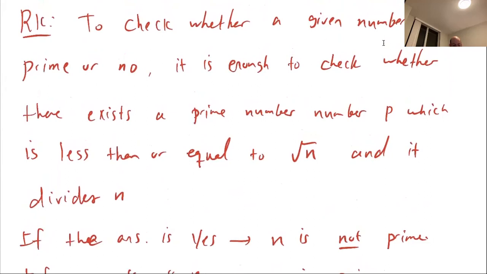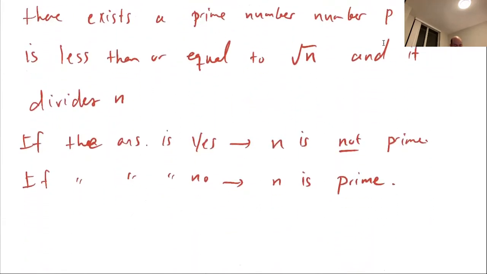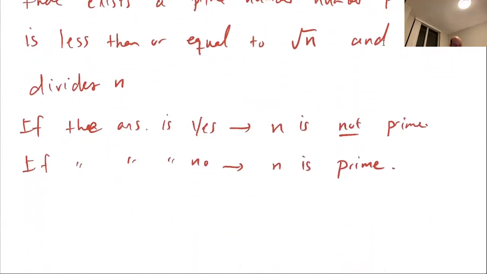So we don't have to go all the way until n. We don't have to check all the numbers until n. Just prime numbers until root n is enough. So let me give you an example. Like I said, for example, n equals 93.